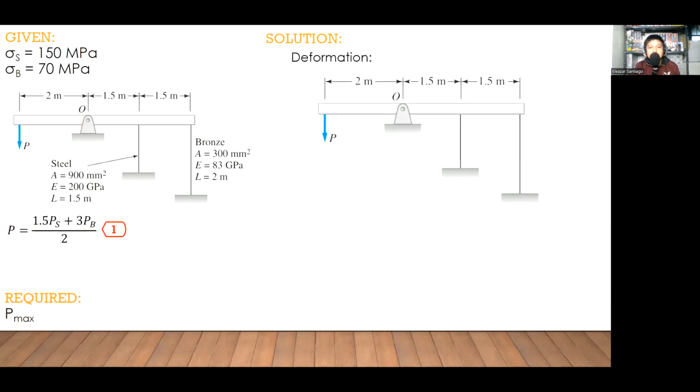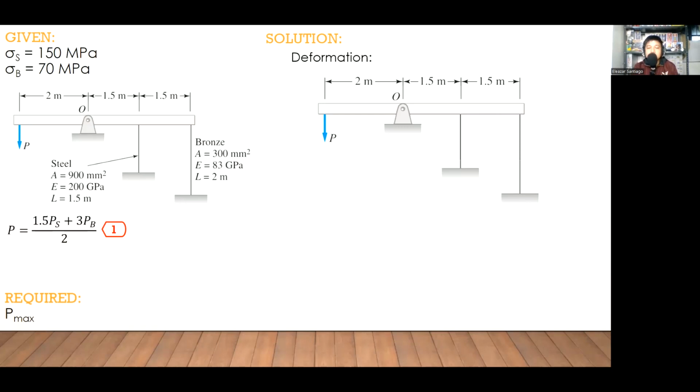Next, let us consider the concept for our compatibility side, that is for our deformation equations. So again, from our original diagram, if we already apply this value of P, what will happen to our material? Taking that for the bar material, this is rigid.